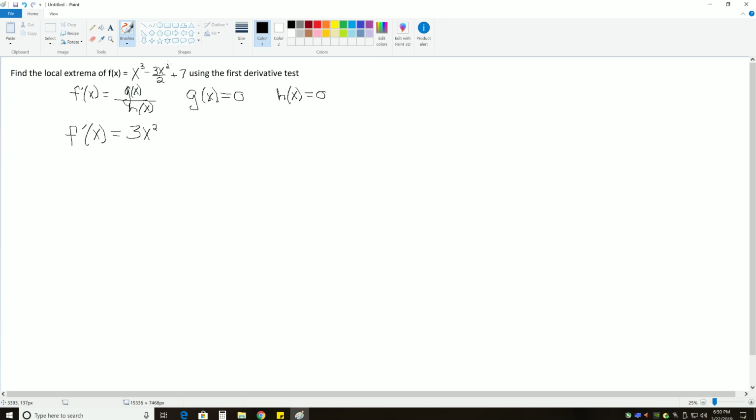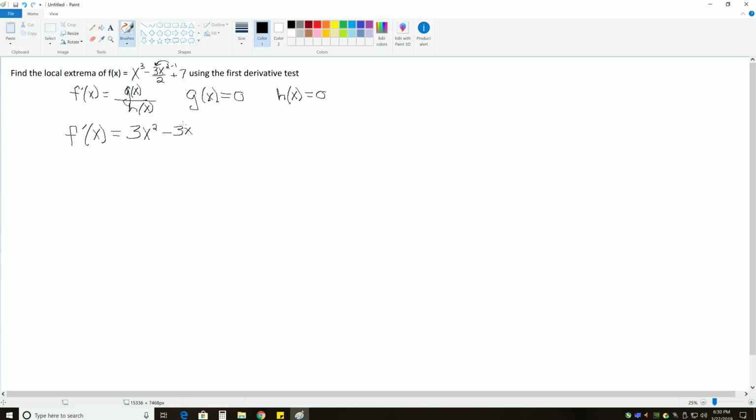If we do the same thing with this 2, multiplying it out front, we're going to end up with 6 divided by 2, or negative 3, times x to the 2 minus 1, which is just first power. And finally, the derivative of 7 is just 0. So we end up with 3x squared minus 3x.